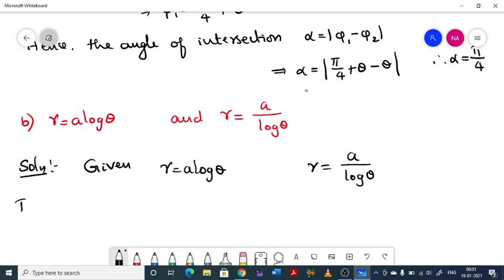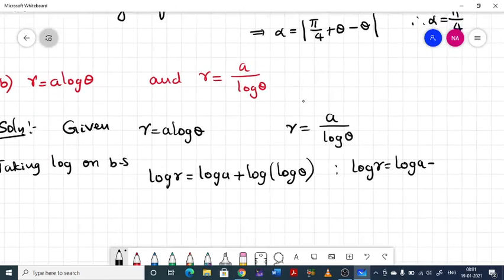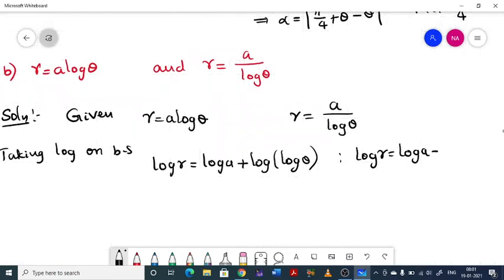Now again taking log on both sides, we will be getting log r equal to log a plus log of log theta, and this side log r equal to log a minus log of log theta.